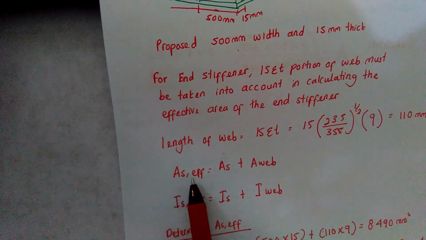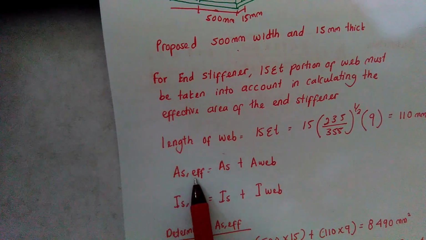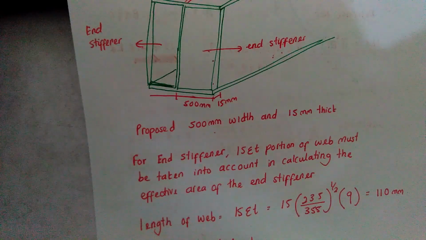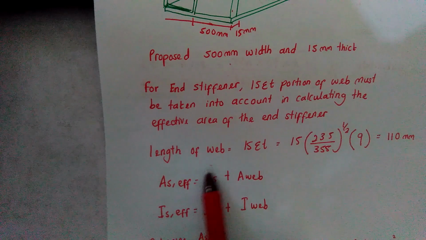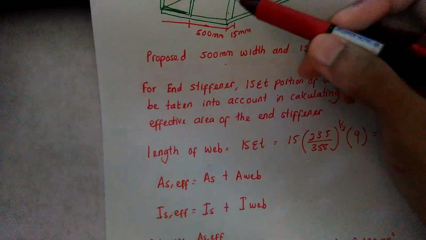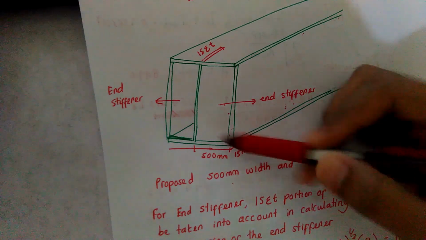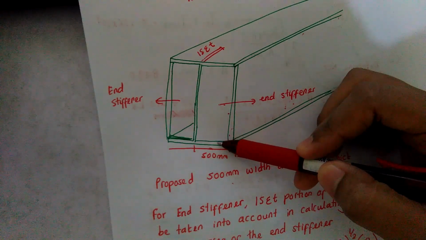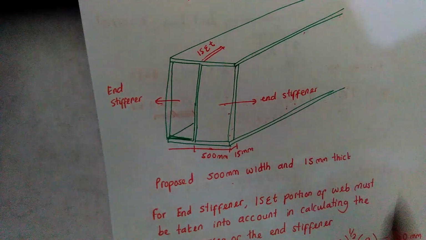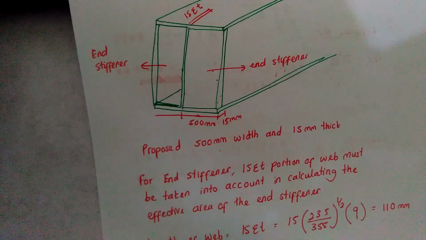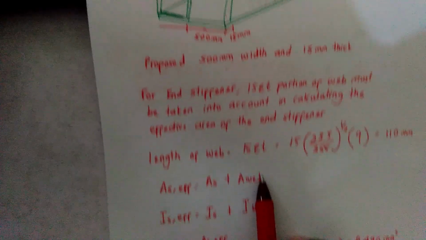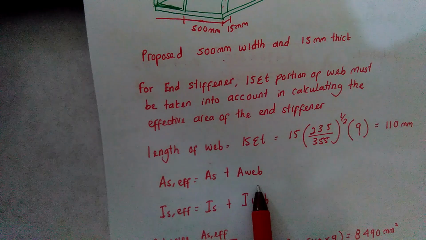Therefore, the effective area of the end stiffener is equivalent to the area of the stiffener itself, which is 15 millimeter thick by 500, plus the portion area of the web.